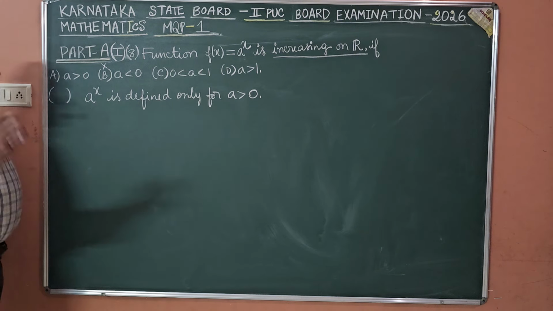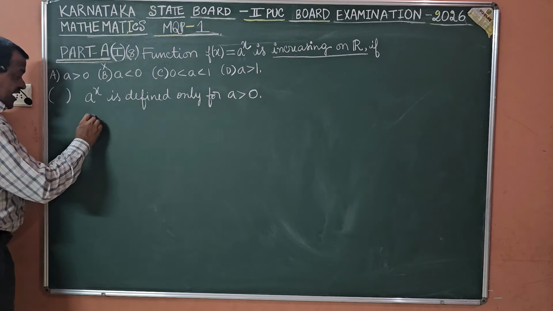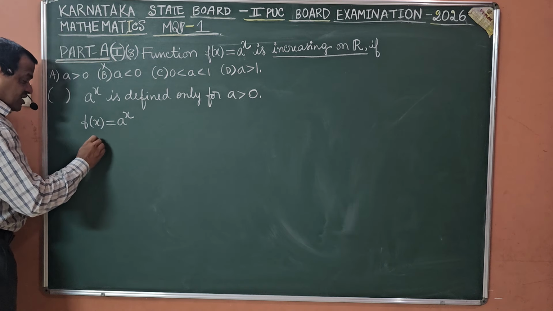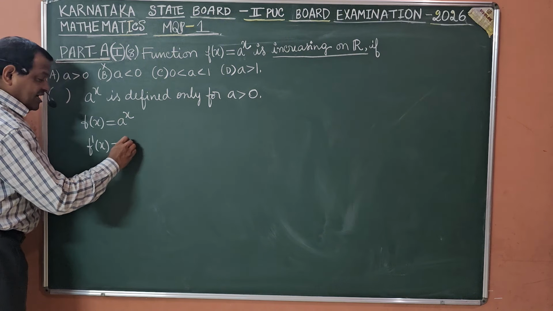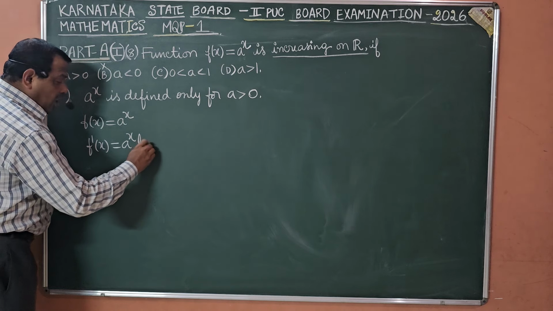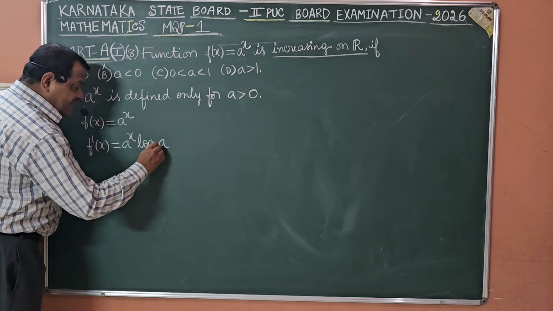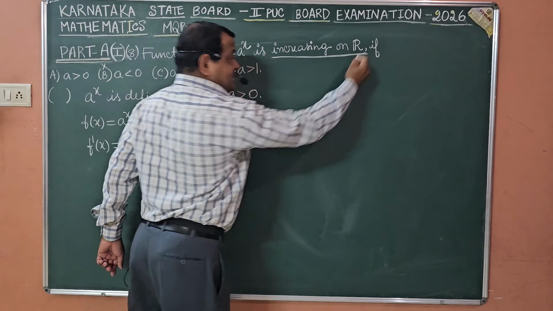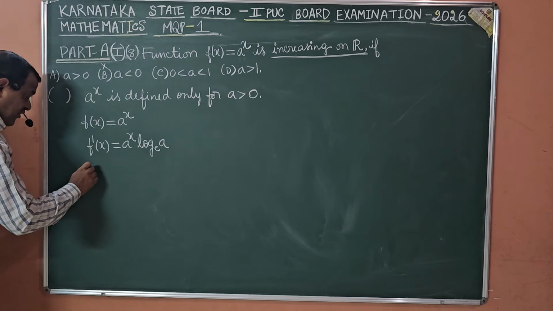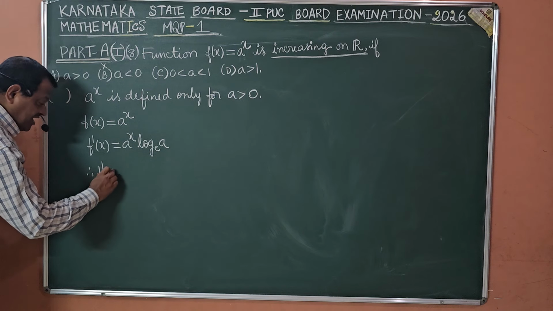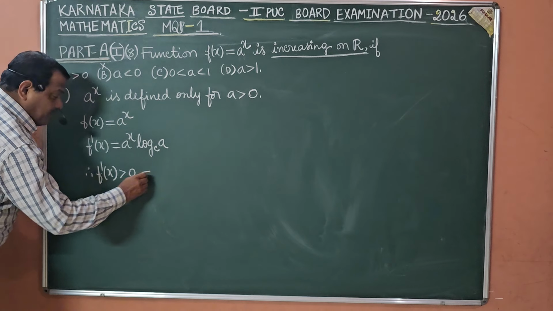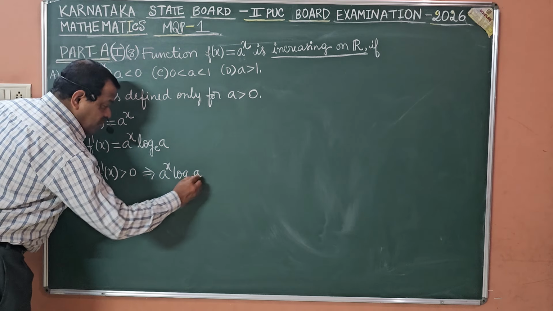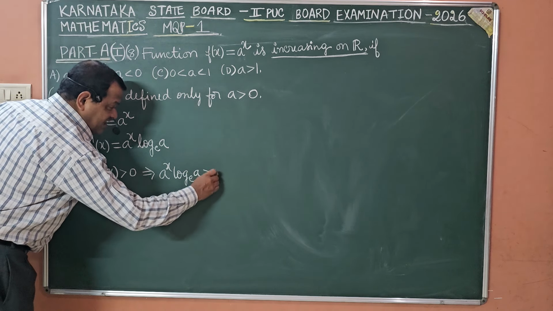So I go for differentiating. f of x is equal to a to the power x. I differentiate. f dash x, I get a power x log a base e. Now they have given the function is increasing. Therefore, f dash x must be greater than 0. This implies a power x into log a base e must be greater than 0.